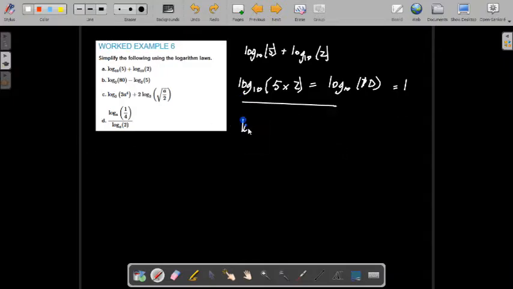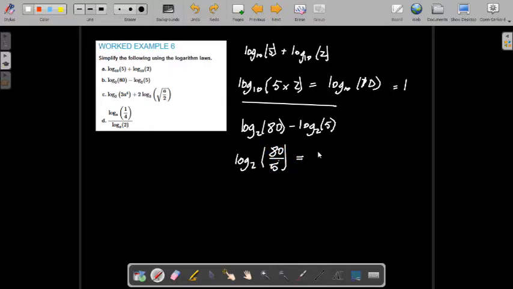Part B, so we've got the same base, log base 2. We're taking it away, so using log law 4, we get 80 divided by 5.